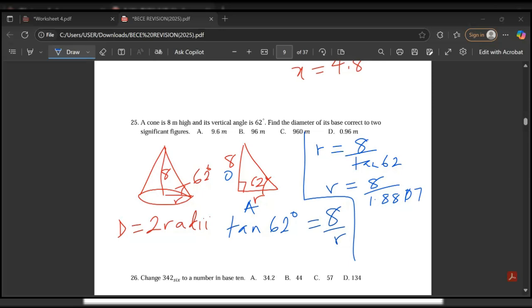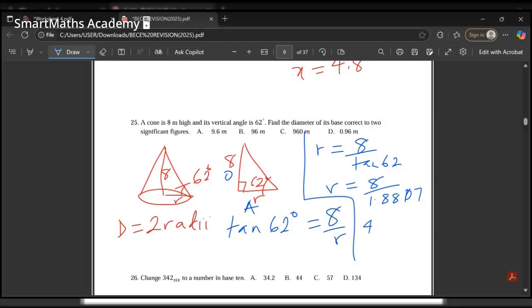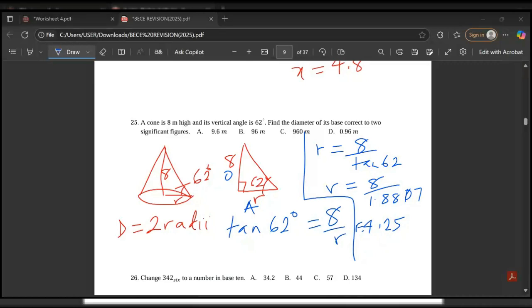And this gives us 4.25. So this is r. That's not what we are asked to look for. It's possible in the exam they will put this value of r in the option. So what we're going to do, we multiply by 2 to get the diameter. I hope I'm making sense. We multiply by 2.